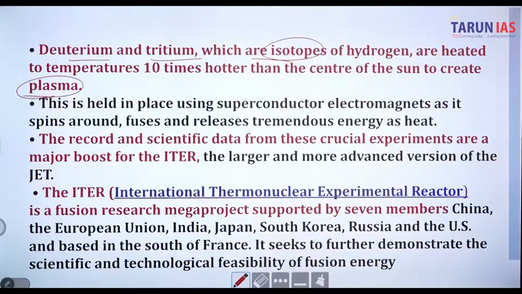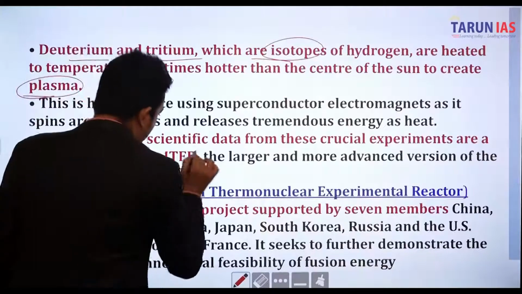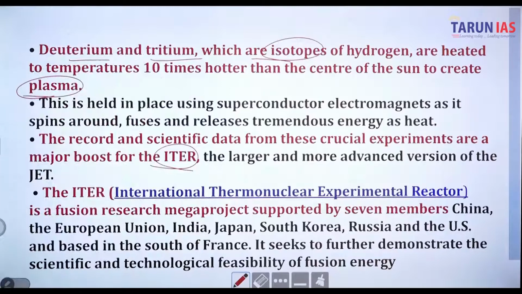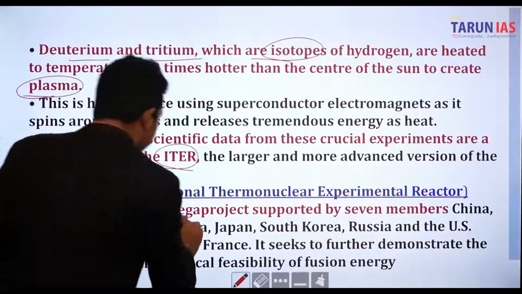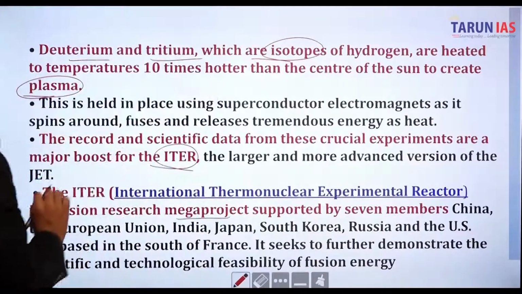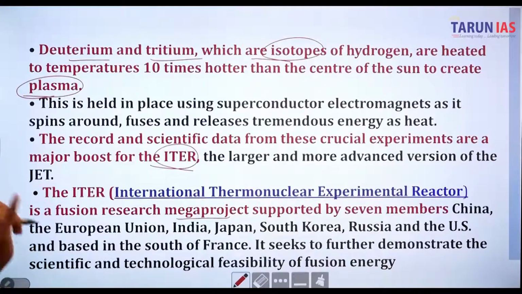So record and scientific data from these crucial experiments are a major boost for the ITER. What does this word mean? ITER, which means International Thermonuclear Experimental Reactor, is a fusion research mega project supported by 7 members including China and the European Union, India, Japan, South Korea, Russia and US.